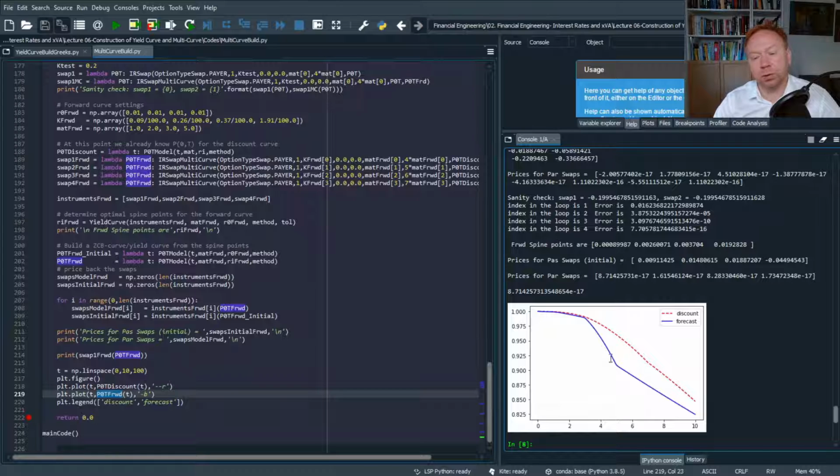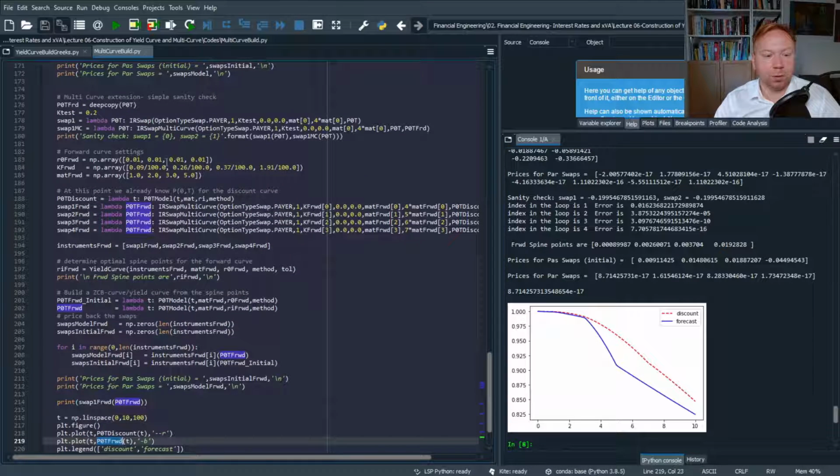In order to plot yield, we need to take a logarithm, as we have done before, with a minus, and then scale it with time, and then we have a yield. You see it's maybe smooth, but it's bending here.